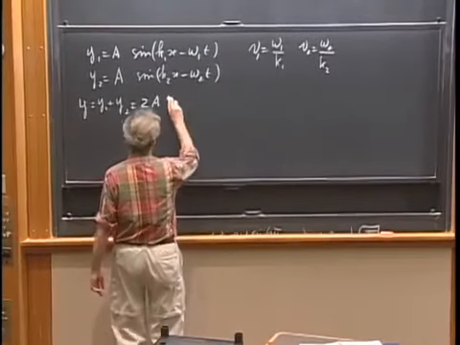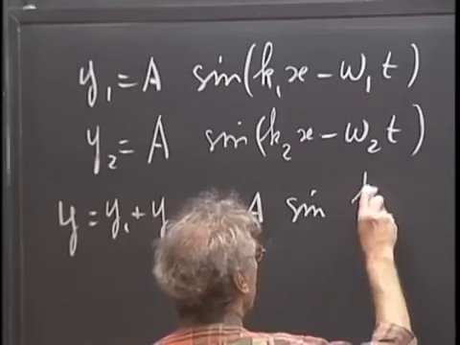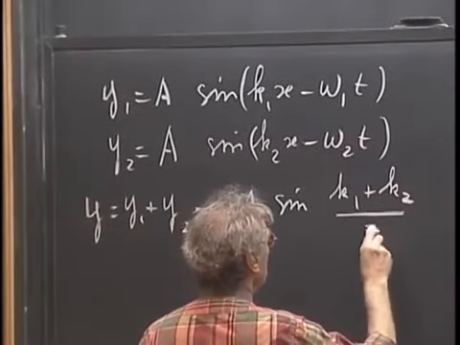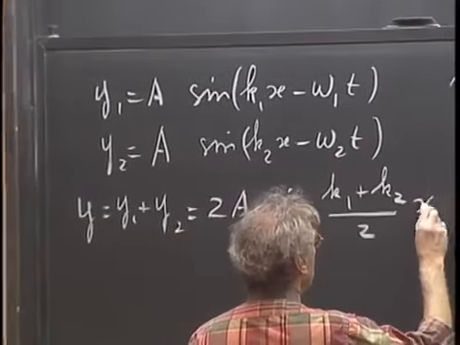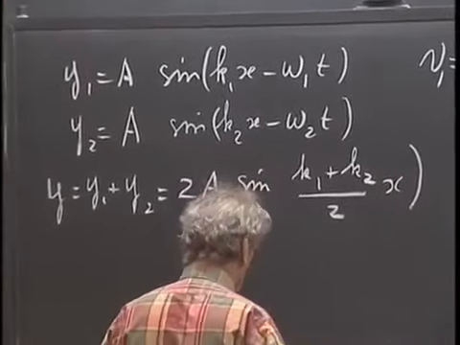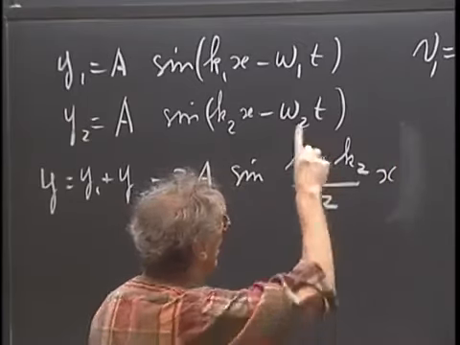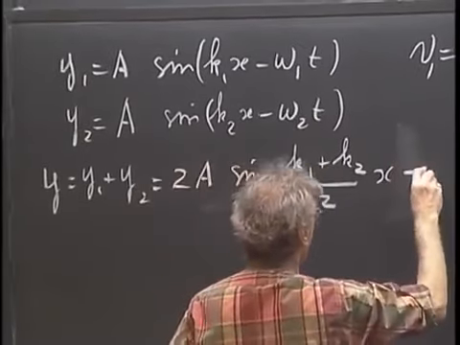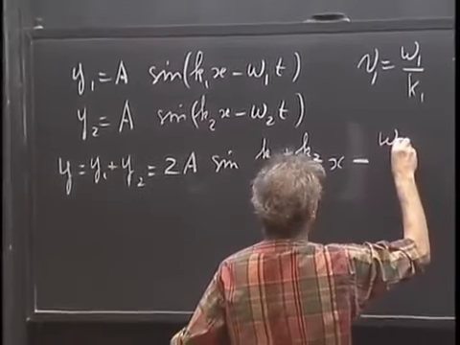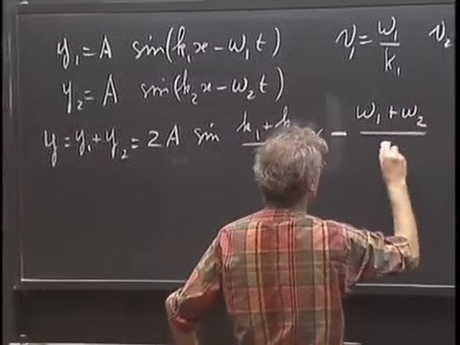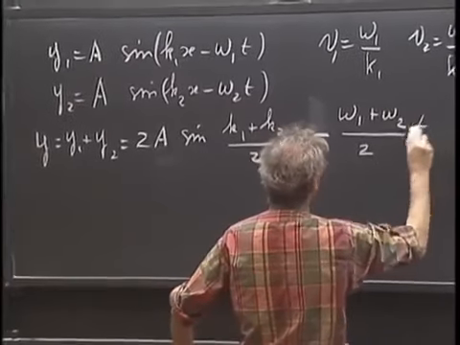And so that gives me the sine of k1 plus k2 divided by 2 times x, plus this term, so that becomes minus omega 1 plus omega 2 divided by 2 times t.